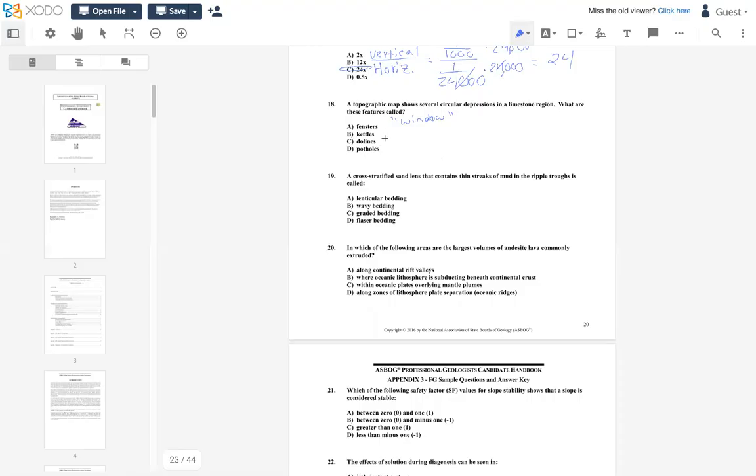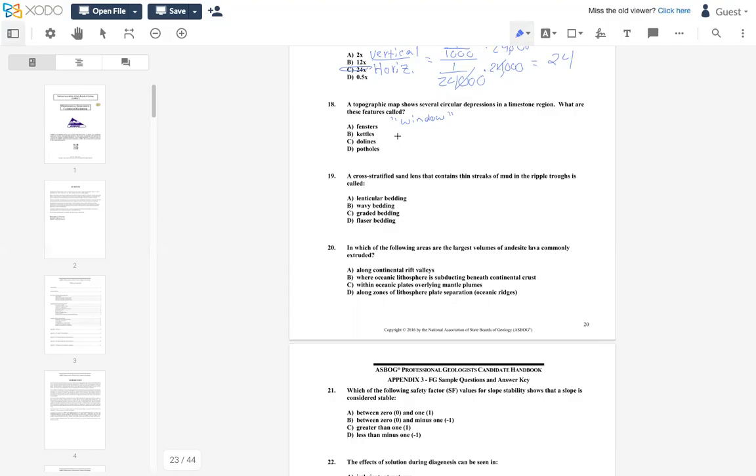So we know that a kettle is a depression that's in an outwash plain. We see those left behind by glacial retreat. A doline. A doline is another word for a sinkhole that we commonly use the word sinkhole instead, but they're the same thing.